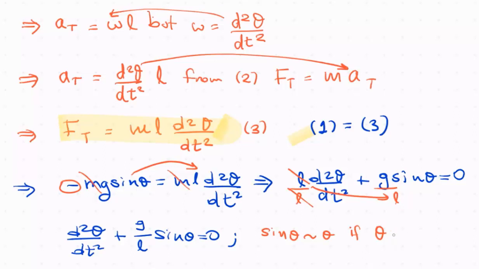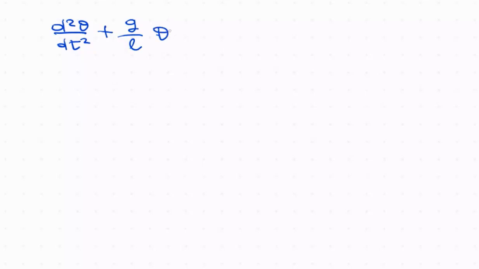Okay, for theta very small, the equation of motion finally will look like this: second derivative of theta with respect to time plus g dividing L multiplying theta equal to 0. Okay, this is the equation of motion.